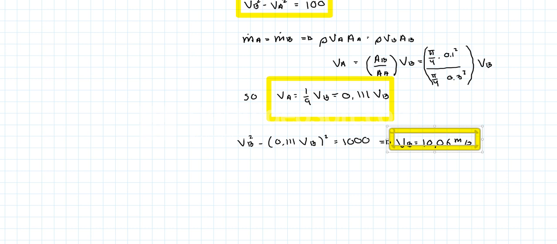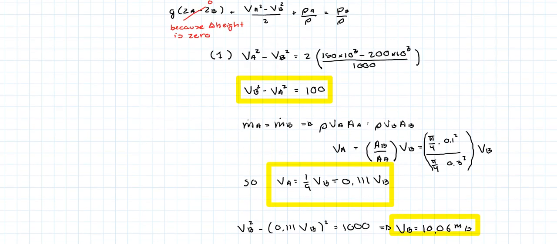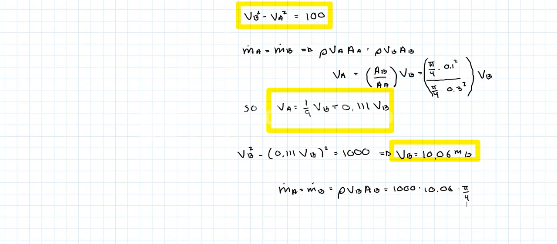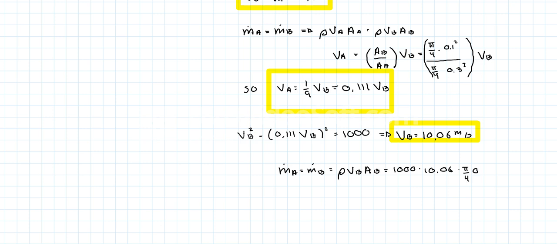So the density of water times the velocity at B times the area of the cross section at B. The mass flow rate at A is equal to the mass flow rate at B, which is equal to the density of water times the velocity at B times the cross-sectional area at B. So that's 1000 times 10.06 times pi over 4, and we said that at B we have a diameter of 0.1 meters, so 0.1 squared.